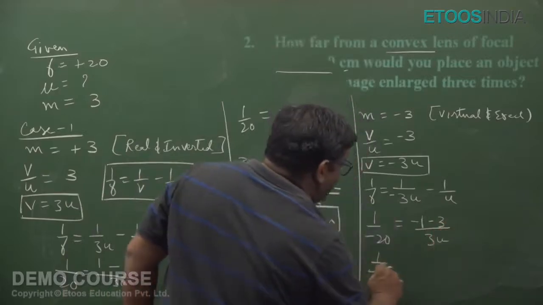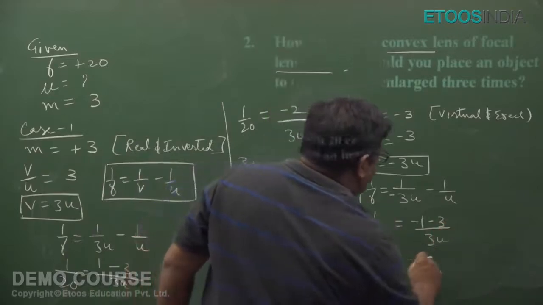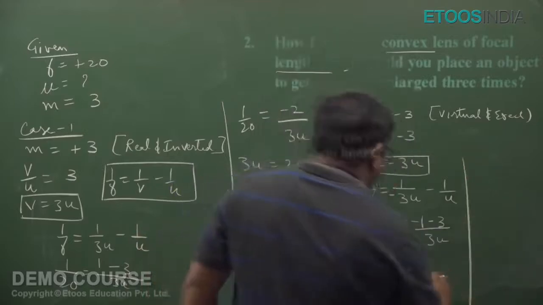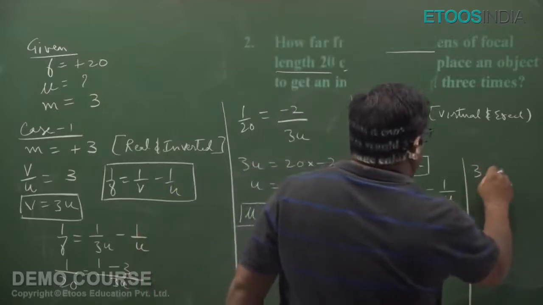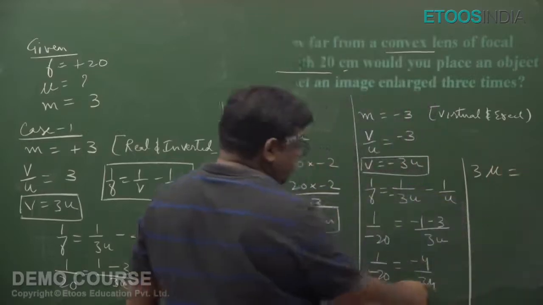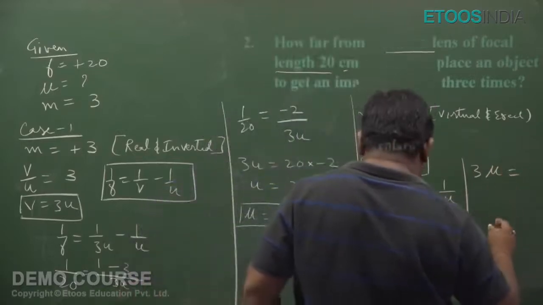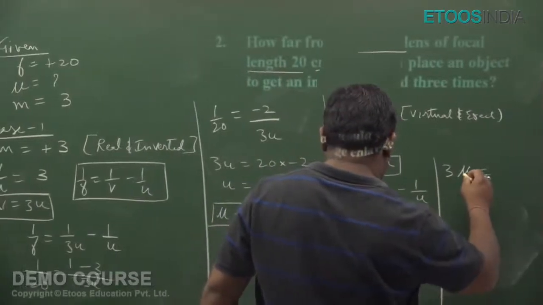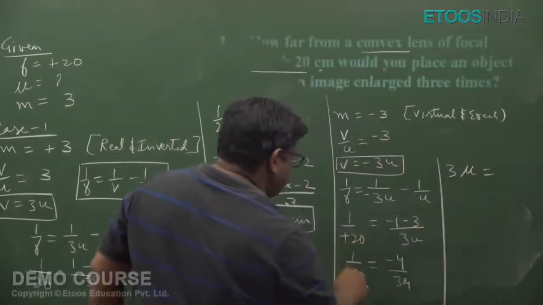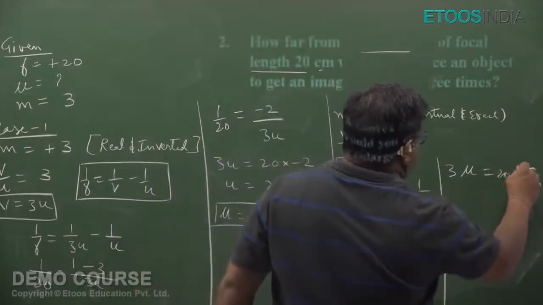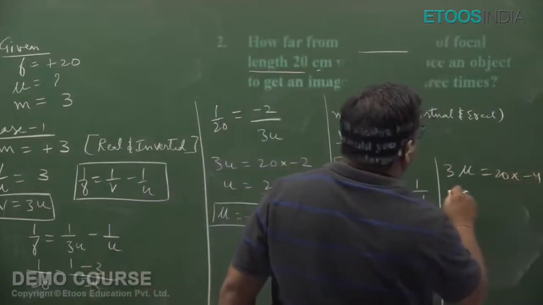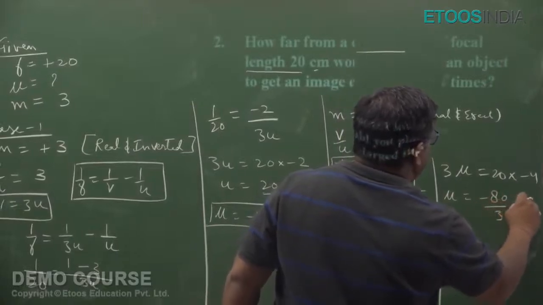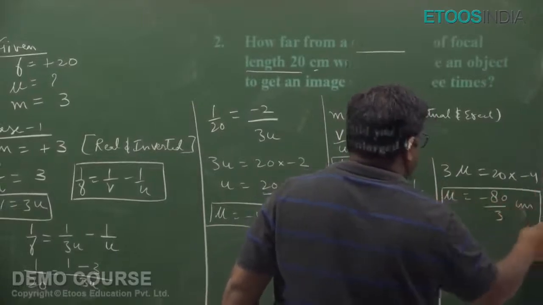So 1 upon minus 20 is equal to minus 4 by 3U. And the answer will be 3U is equal to 20 into minus 4, and U is equal to minus 80 by 3 centimeter.